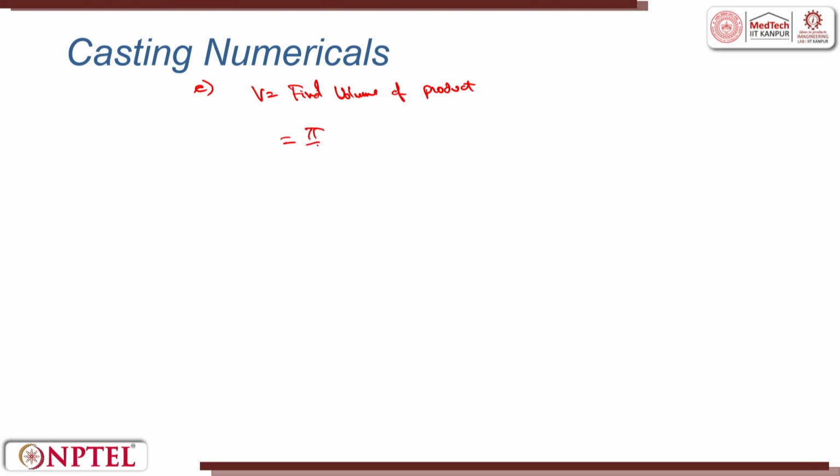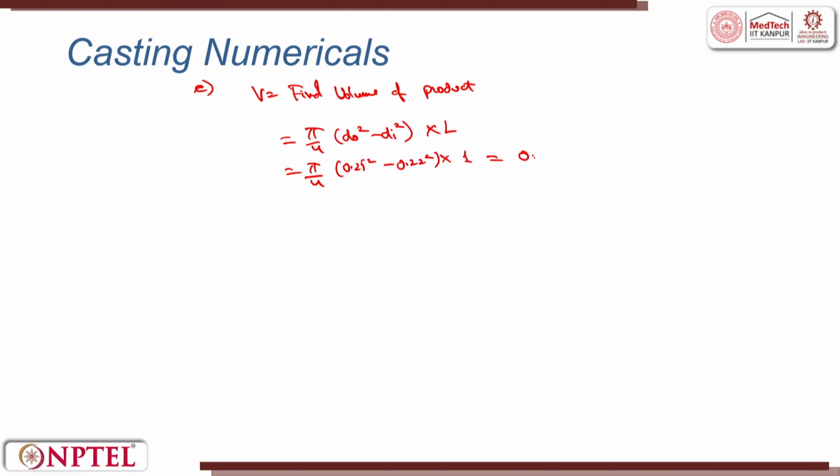This is equal to pi by 4 into dO square minus di square into its length, which is equal to pi by 4 into 0.25 square minus 0.22 square into its length, that is 1.